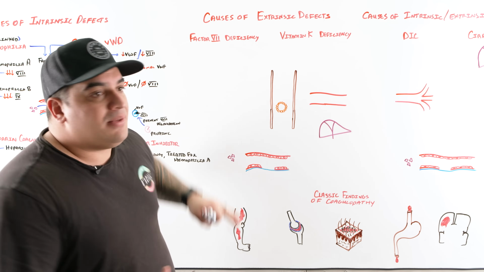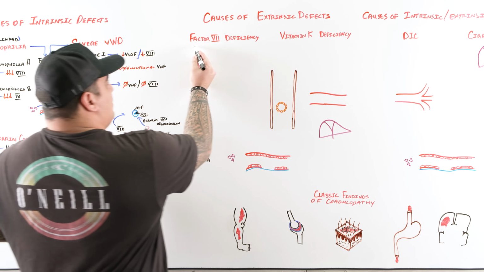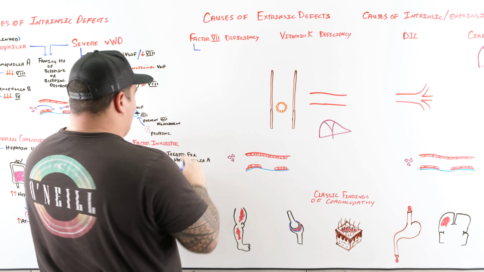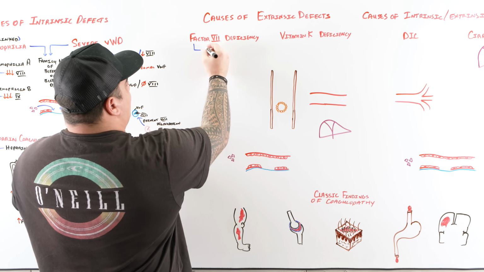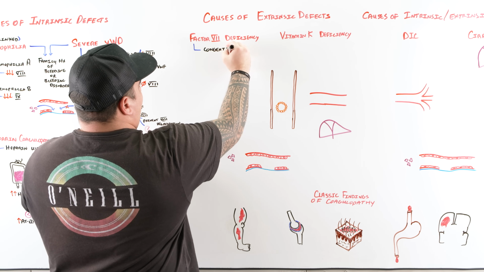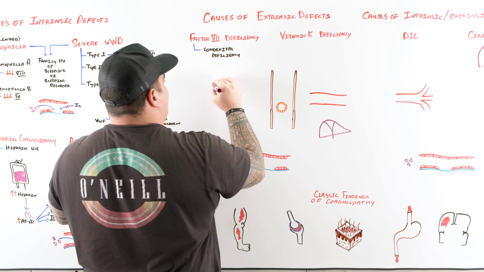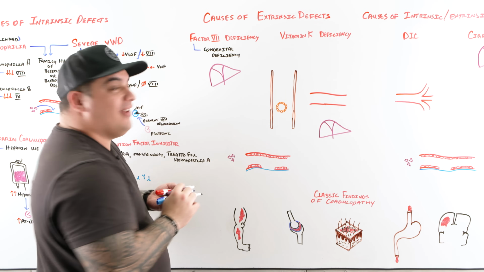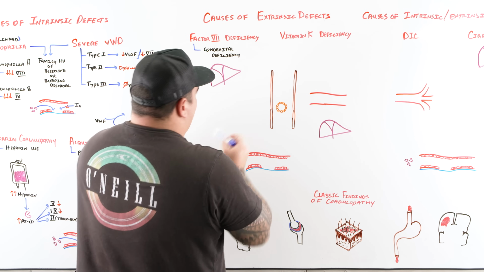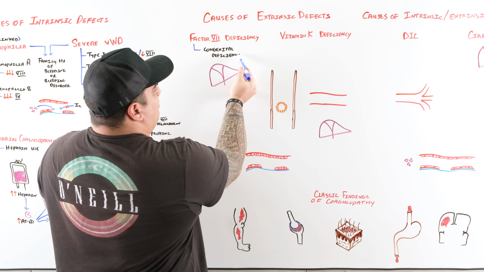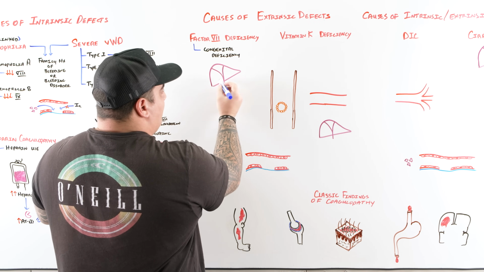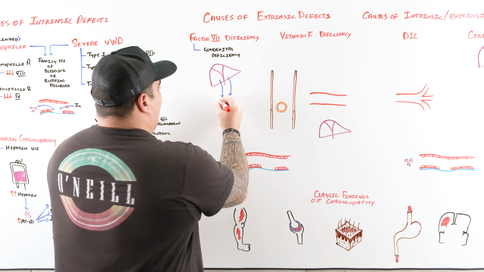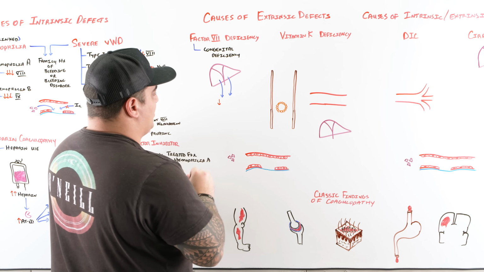So in these particular scenarios, this one is extremely rare, so I won't spend a lot of time talking about it, but this is usually inherited. So this is usually some type of congenital deficiency. What happens is there's some type of problem where the liver isn't able to adequately produce enough factor VII, right? So there's, let's say, a mutation that's occurring that's leading to the liver being unable to produce an adequate amount of factor VII. If I don't have an adequate amount of factor VII, what's the problem with this?